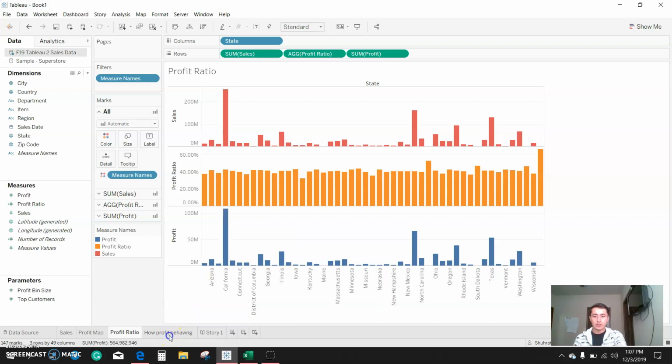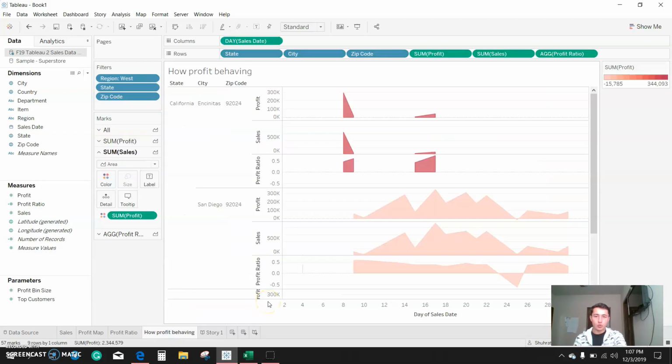There's another chart showing California, where California is making some good profit here, as you can see, the darker colors in this area and Cincinnati. Notice the zip code is the same, which means it's a close area. I looked into it on Google Maps.